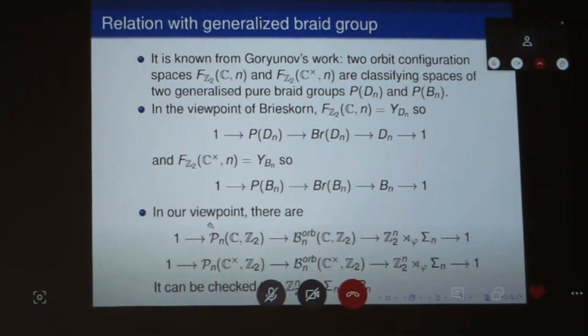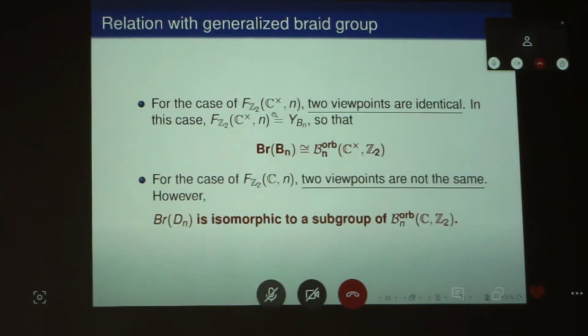In our viewpoint, we also get two sequences. But here, this group is just the B_N, this Artin group. So in this case, these two viewpoints are the same.